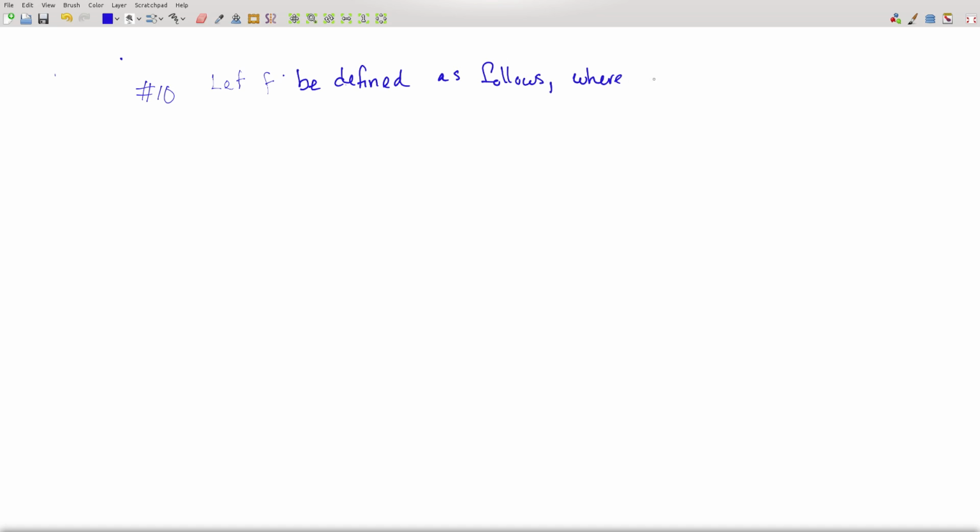Where a does not equal 0. Okay, f is defined in the following way. In other words, it says f of x is equal to, it's a piecewise defined function, x squared minus a squared over x minus a whenever x does not equal a, and it's equal to 0 whenever x does equal a.